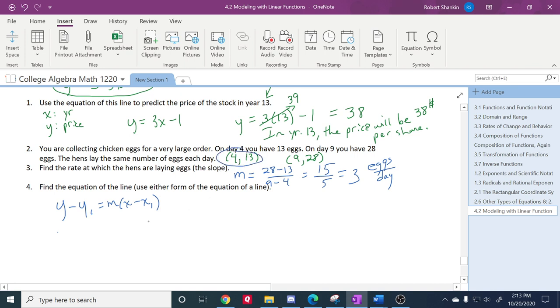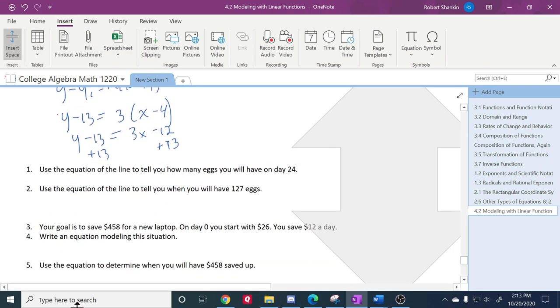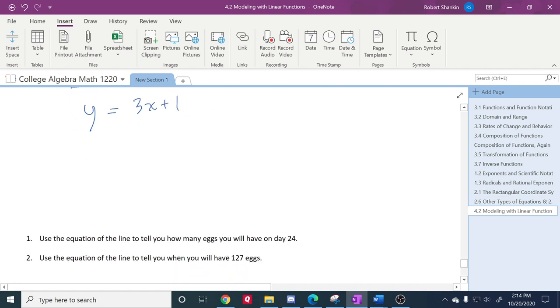Suppose we take the first one. y minus 13 is equal to 3(x minus 4). And then we can get the equation of the line and so on.